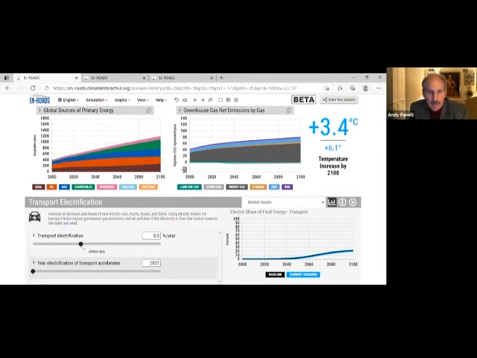And let's get aggressive and take that up to a 5% per year increase in the amount of electrification across all of our forms of transit. And so we see the big boost here. Let's see what that bought us. Hang on just a second.